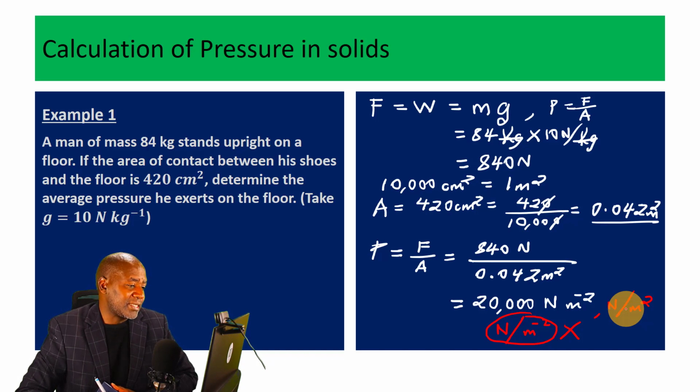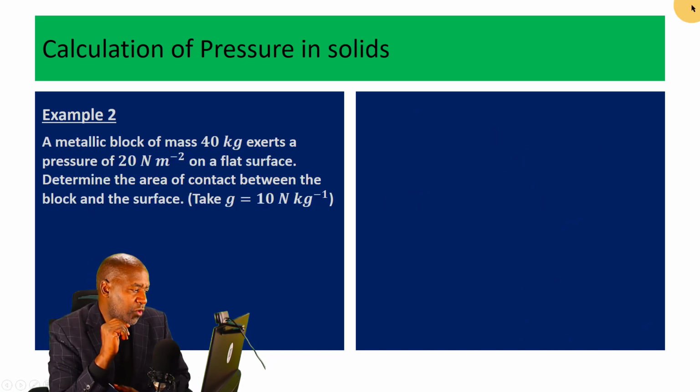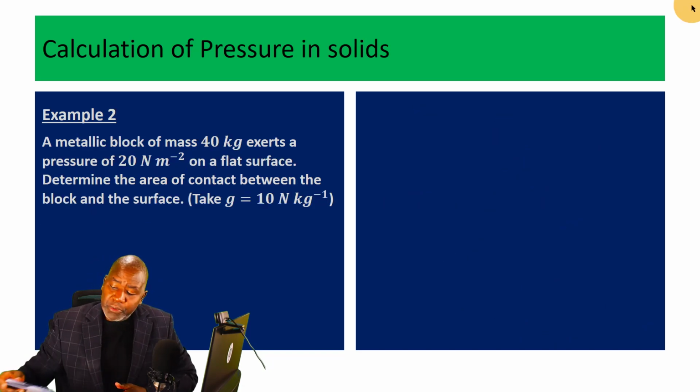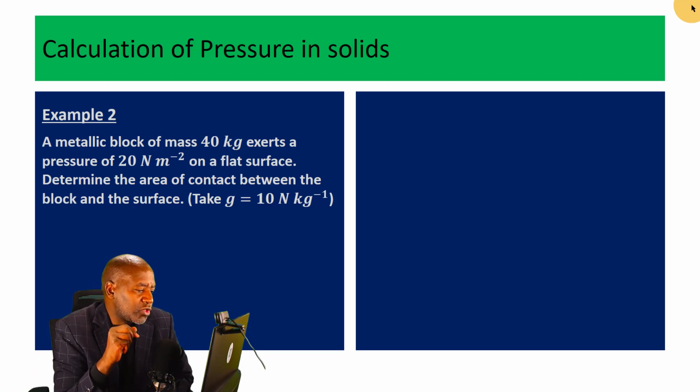Let's look at example 2. Now here we've got example 2. In example 2, we are given a metallic block of mass 40 kilograms that exerts a pressure of 20 newtons per meters squared on a flat surface. Determine the area of contact between the block and the surface.